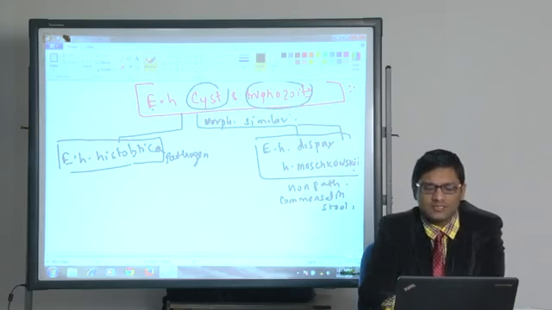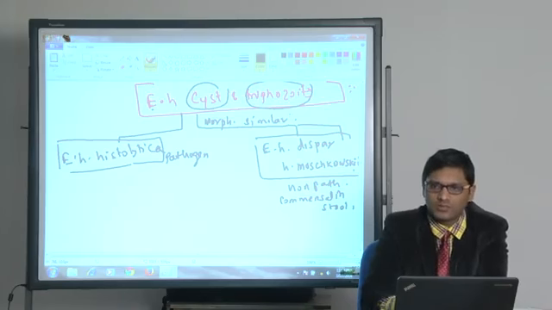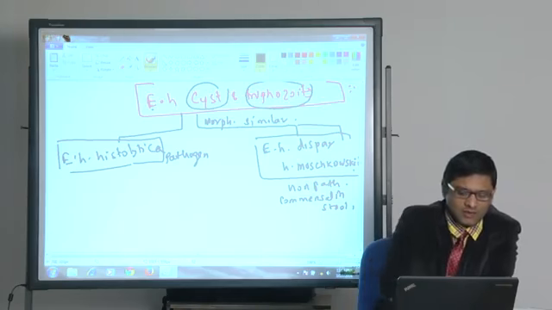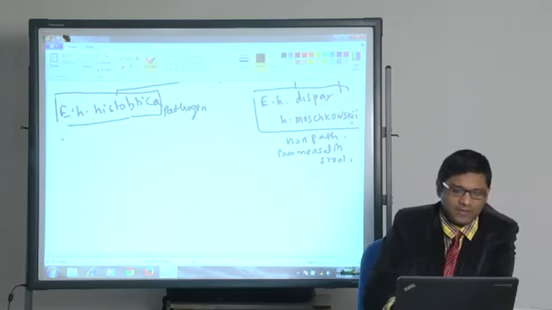You cannot differentiate them from each other. Hence, the best way to differentiate these 3 subspecies is by doing a PCR.